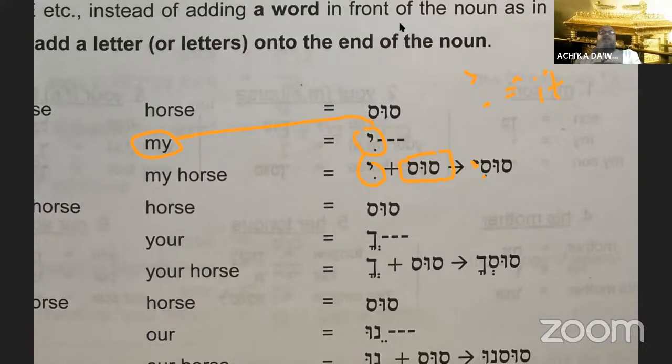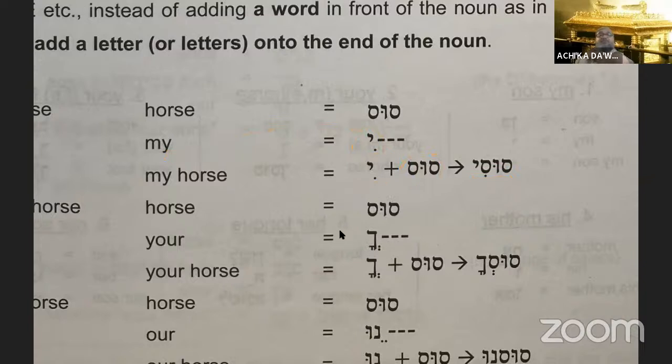So it's susi. That's my susi. So it means my. Okay. Easy enough. Anytime you see a yod with this little dot, it means my. That's just the ending. And don't worry, you're just going to get used to it.